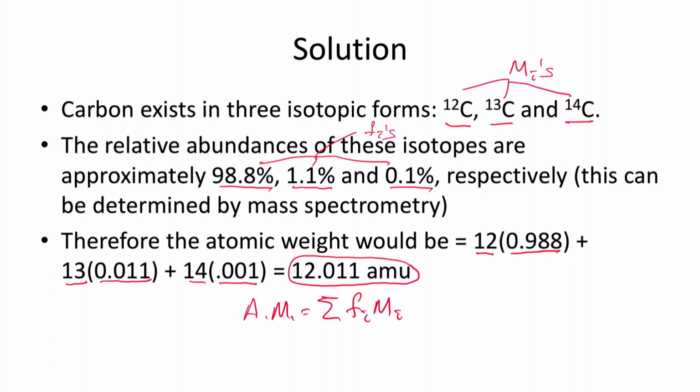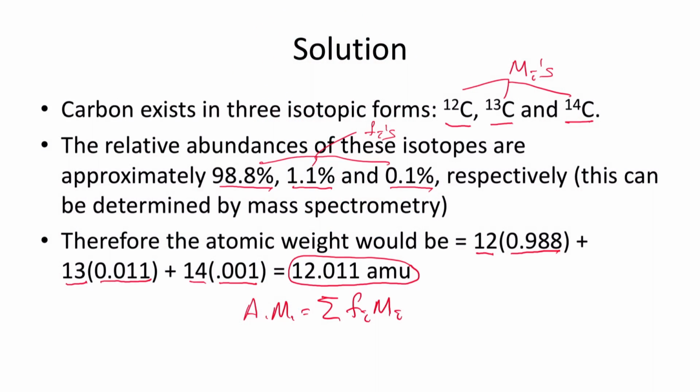So I can say that the atomic mass or the atomic weight of carbon is 12.011. If you look in the periodic table, every single element has a characteristic atomic weight or atomic mass. That number represents a weighted average of all the different isotopes scaled by their appropriate fractional abundances.